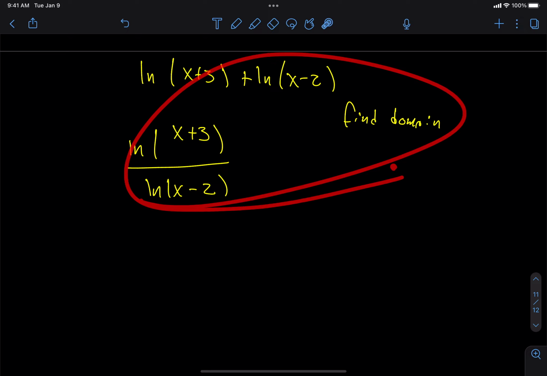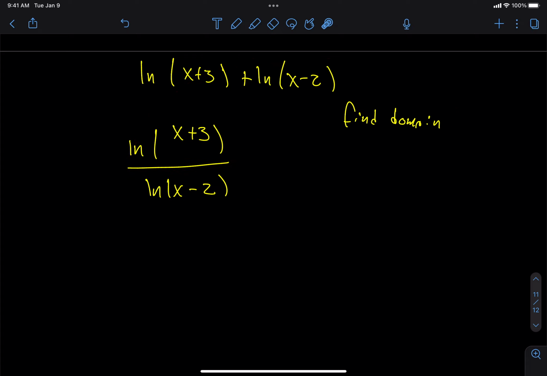The reason is this is a sum of functions and a quotient of functions. We did talk about it, but we did not talk in detail about how to find the domain and range of a sum of functions or a quotient of functions. What I did focus on heavily was how to find the domain of a composition of functions.